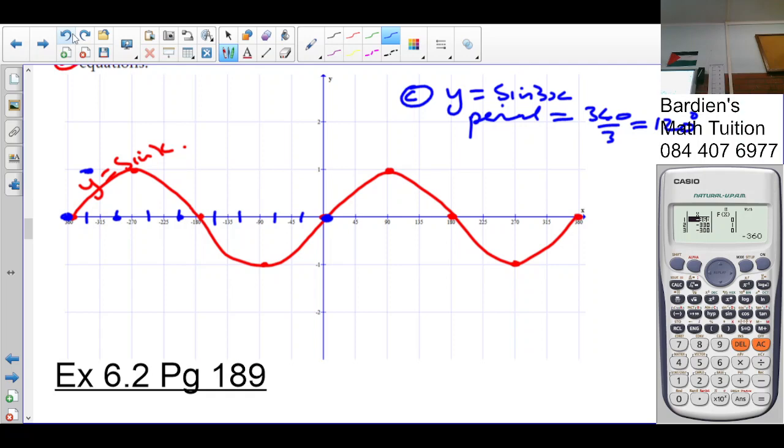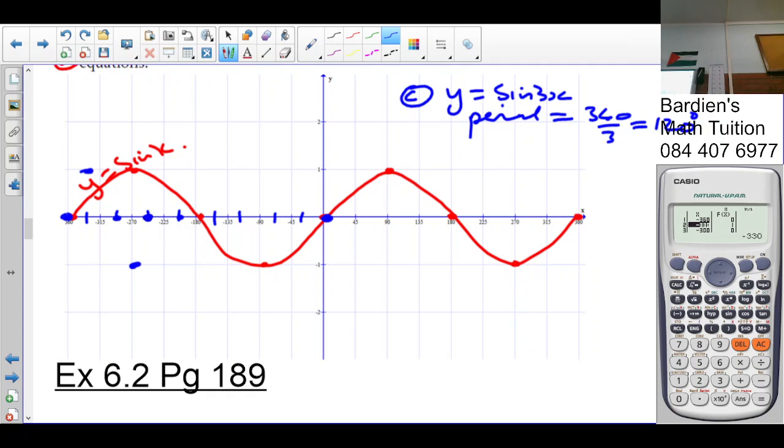Negative 330 gives you negative 1. Is that correct? Sorry? Is it 1? Negative 330 is 1. Negative 300 is 0. Negative 270, negative 1.